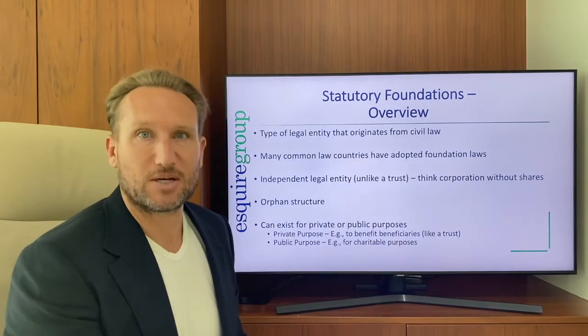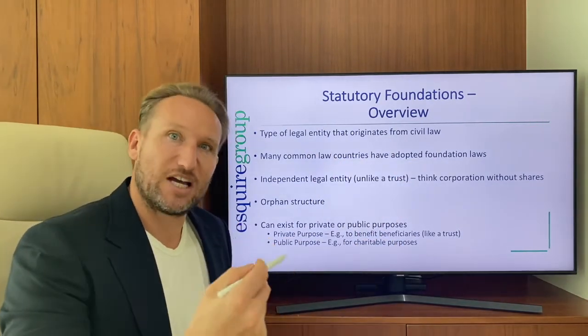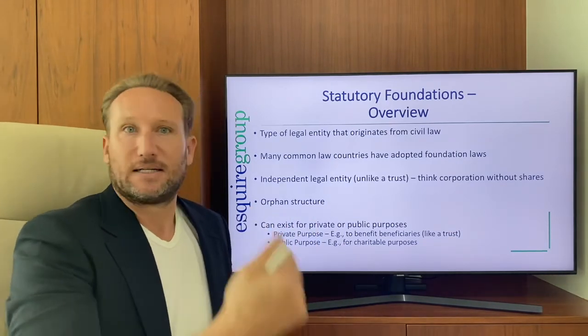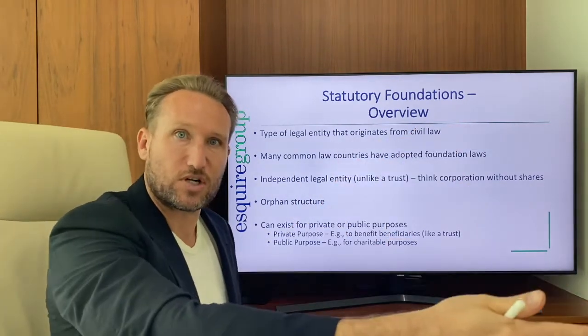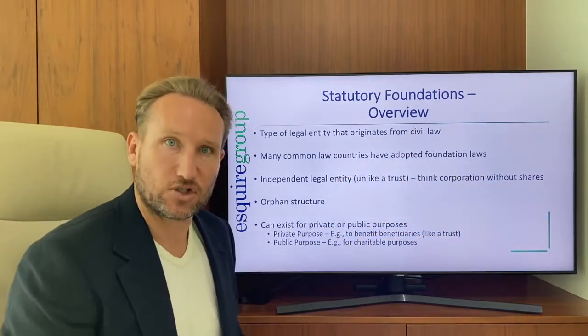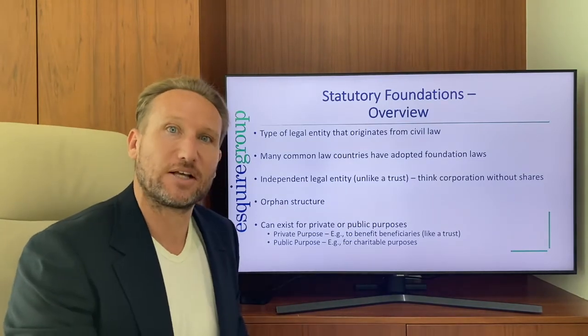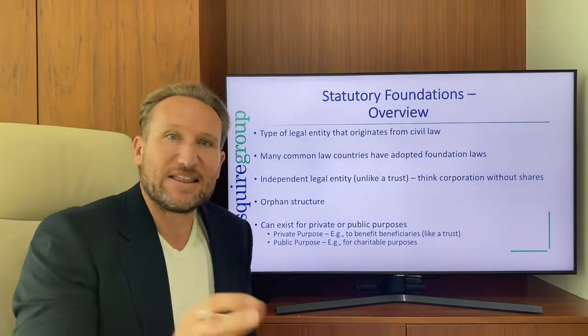The trustee is the one that's going to be controlling the assets for the benefit of the beneficiaries. And the trust, it is called a trust agreement, right? Is an agreement between, let's say me, the settlor who's going to put the assets in the trust and transfer them to the trustee, and the trustee who's going to control the assets for the benefit of the beneficiaries. It's nothing more than a contract. It's not a legal entity. That's why a trust can't hold assets in the name of the trust.